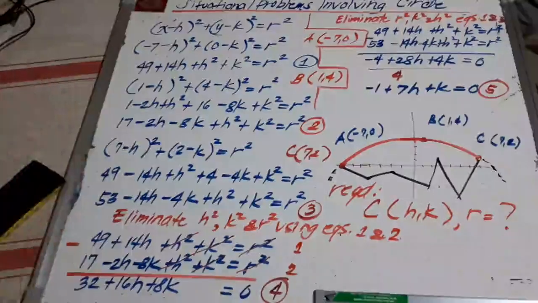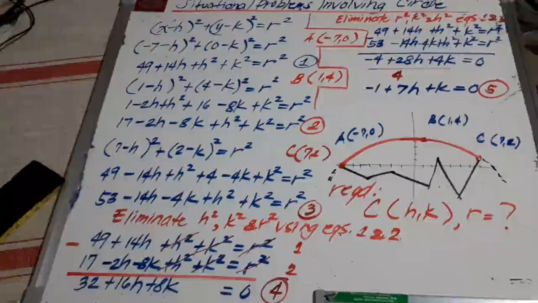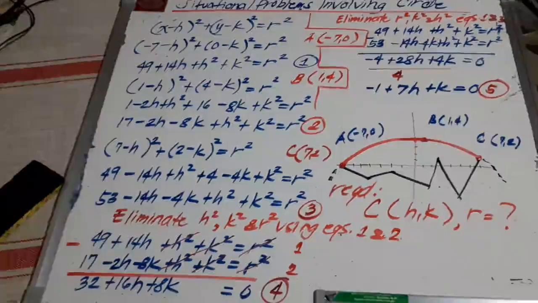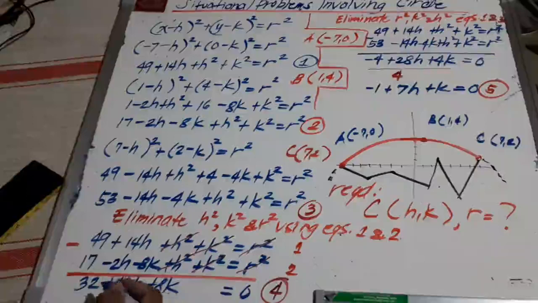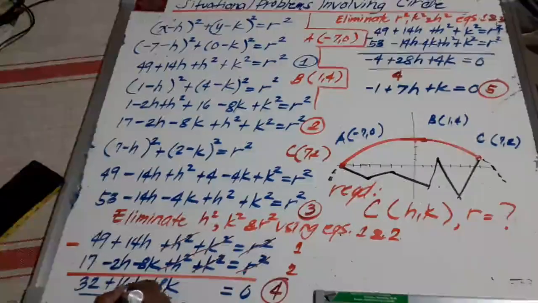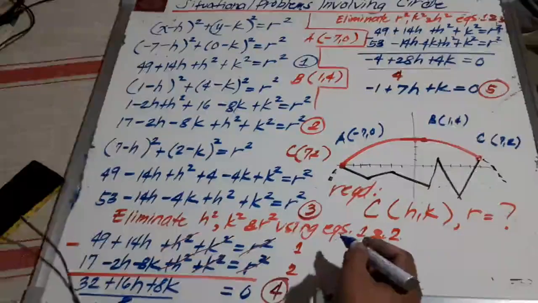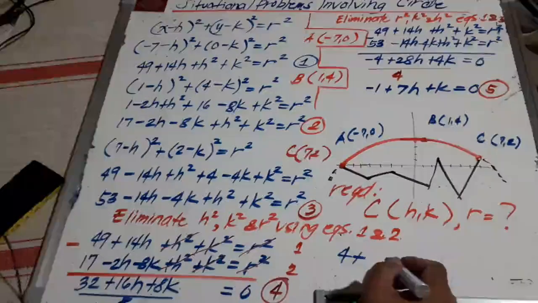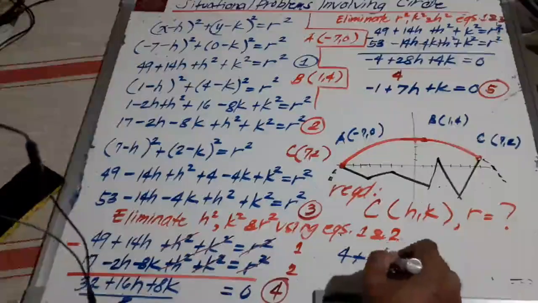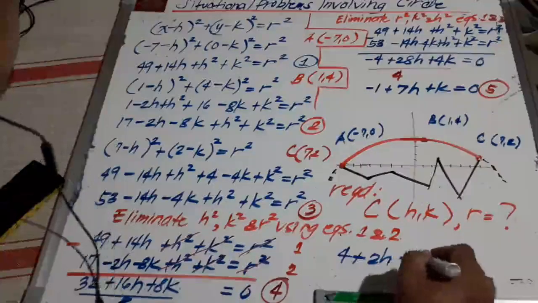Pansin ko, yung equation 4 natin, pwede pang masimplify by dividing all of the terms by 8. So, pag dinivide natin to ng 8, the new equation will be 4 plus 2h plus k equals 0.